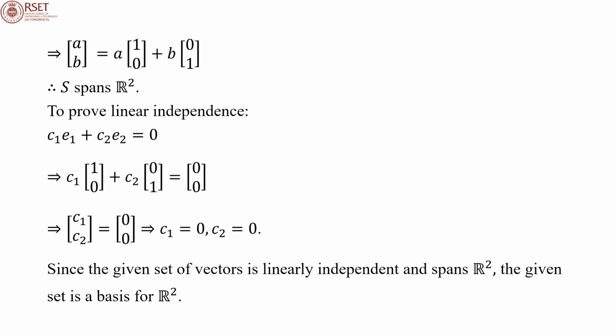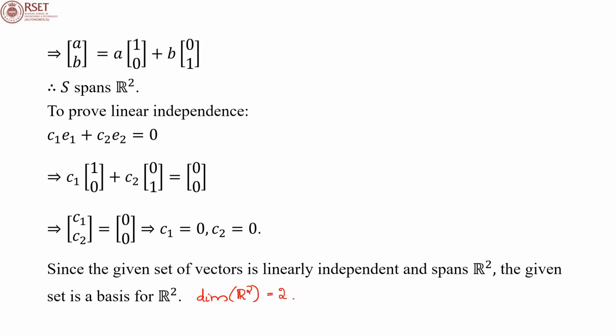Now we have already proved the linear independence, that is C1 E1 plus C2 E2 equal to 0 implies C1 equal to C2 equal to 0. Since the given set of vectors is linearly independent and spans R2, the given set is a basis for R2. And what is the dimension of R2 then? The dimension of R2 will be the number of elements in the basis for R2, and here it is 2.